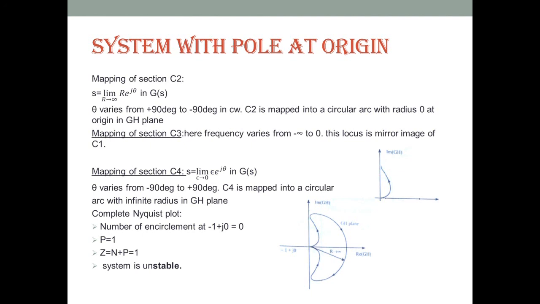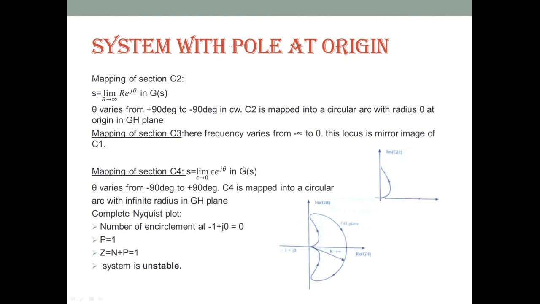In this way we can find the stability of the system. If there is a problem where the number of encirclements N is equal to 1, and the number of poles P is equal to -1, then only both will cancel out and it will be 0, but P cannot be -1. So the system will be unstable.